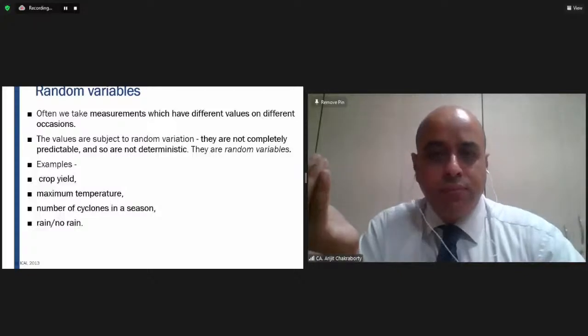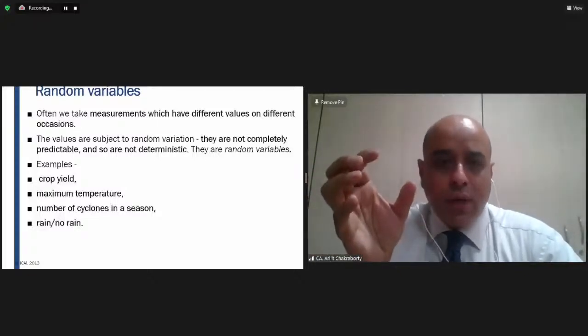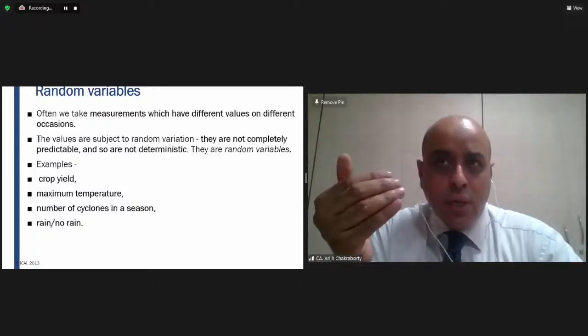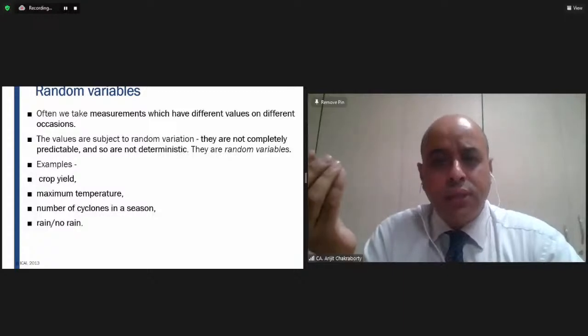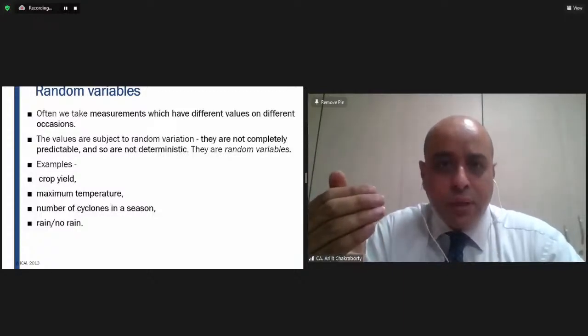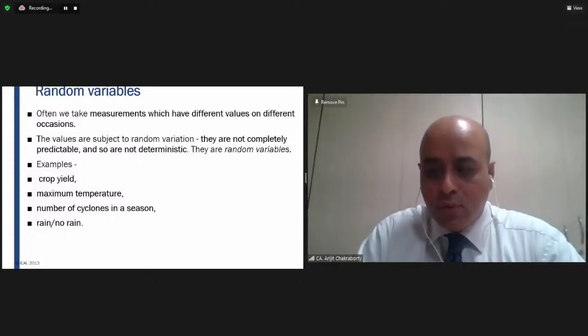Random variable means any variable, any measurement whose value will change from time to time on different occasions. Just imagine the temperature during the day. Is temperature a random variable? Yes, temperature is a random variable. Why?